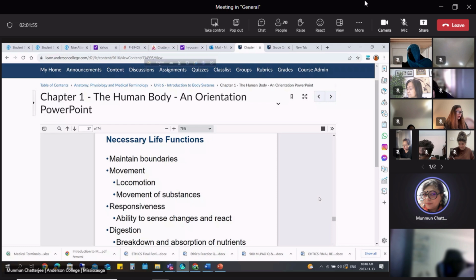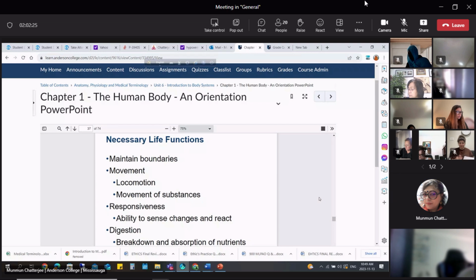Movement is not only that you are moving by yourself. Obviously, that is important. But there is also movement inside: how the chemicals are moving, how the stimulus is moving, how the nutrients are getting from your diet. Again, I'm giving the example. You are eating the food. How is the food moving from your mouth to the pharynx, to the esophagus, to your stomach, then to the small intestine?